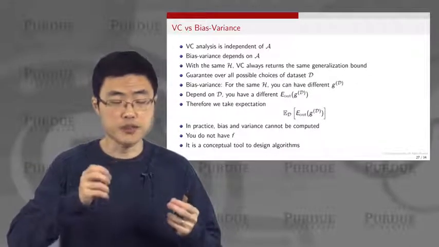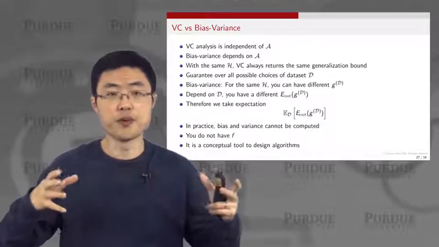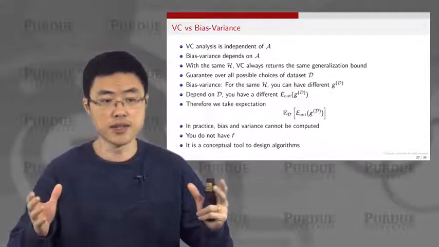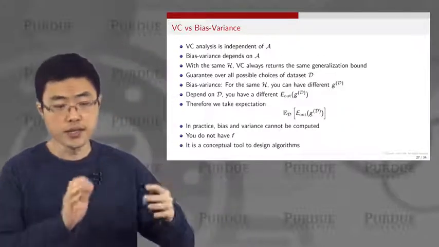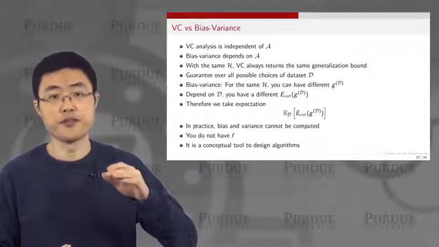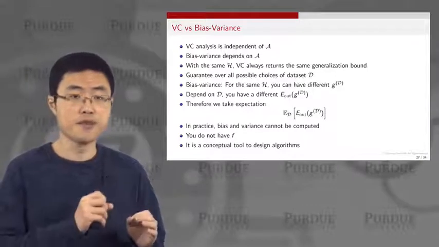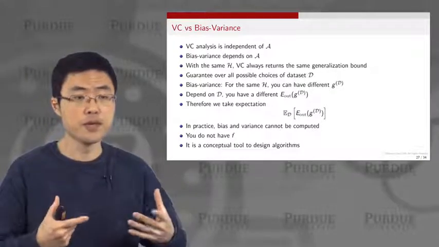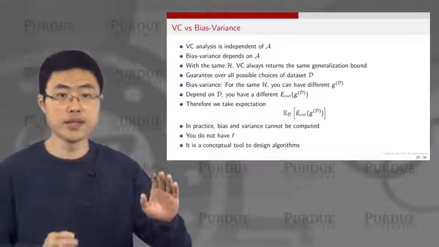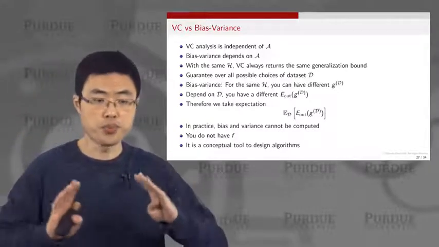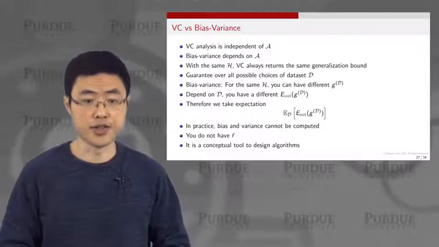However, the variance will grow because for a finite number of training sets, the fluctuation over different training sets will change your final hypothesis significantly. Therefore you have a big variance, which creates a trade-off between the two. So sample complexity and model complexity are also present in the bias and variance analysis.